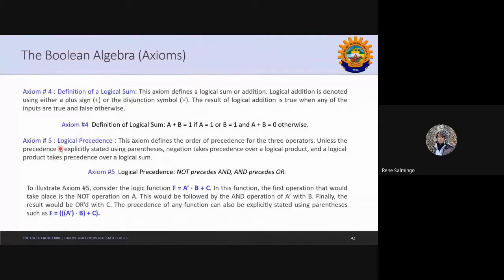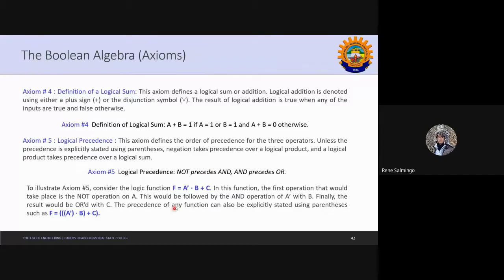Now we also have the logical precedence, and this defines the order of precedence of the three operators unless the precedence is explicitly stated using parentheses. So NOT precedes AND, and AND precedes OR.